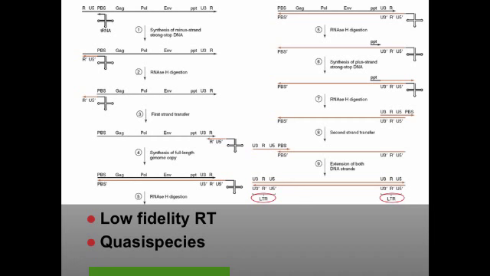And what you end up with for all of these retroviruses is what's called a quasi-species. We haven't talked about quasi-species much yet, but it's true for all of the RNA viruses that are replicating through these RNA-dependent RNA polymerases or even an RNA-dependent DNA polymerase. You end up with a whole mixture of different sequences.